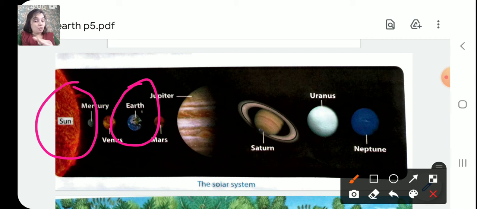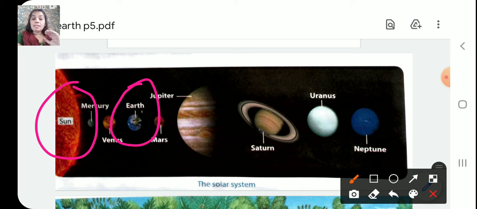If there is no sunlight, there is no life on earth. It has air and water too. So our earth has got air and water also.